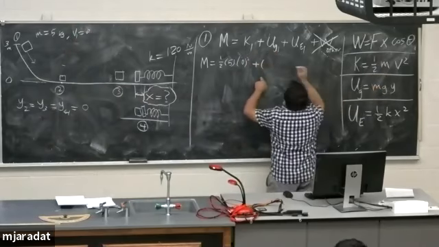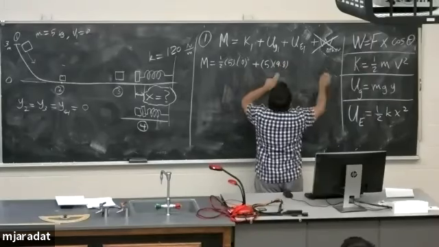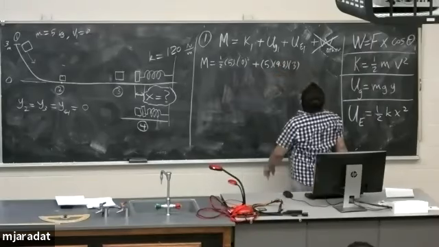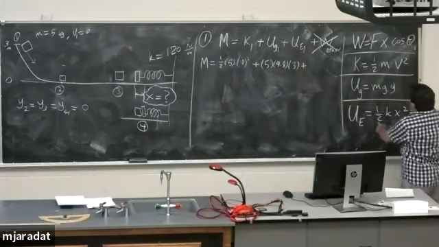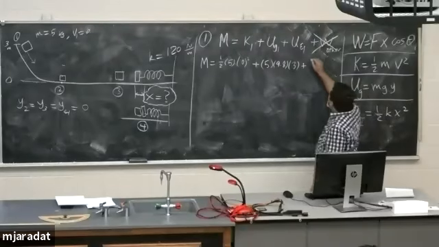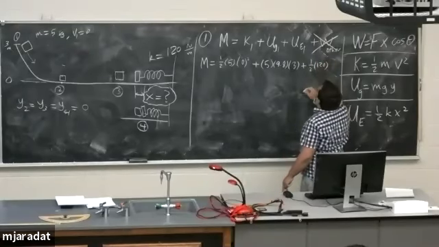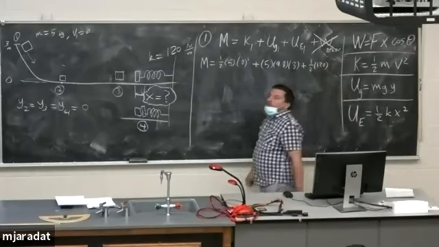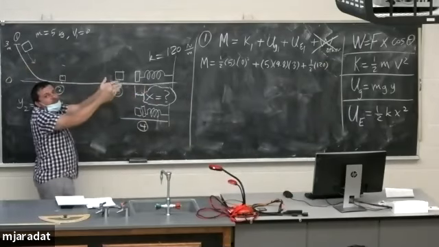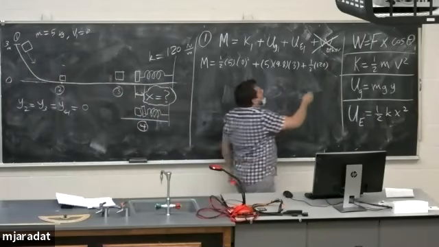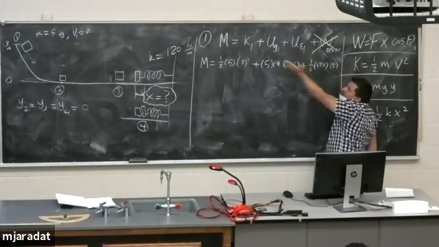H is the height. M is 5. G is 9.8. Y is 3. Plus the elastic potential energy. It is 1/2 times 120. How much is the compression now? Initially, how much is the compression? It is 0. We don't have any compression or expansion. This will be multiplied by 0, so the potential energy due to the spring is zero.